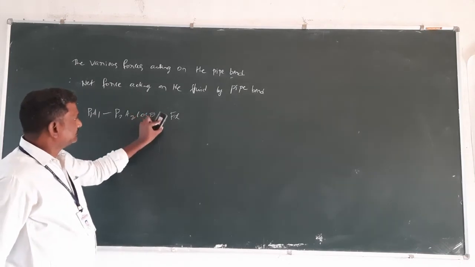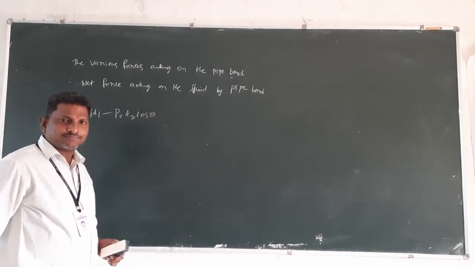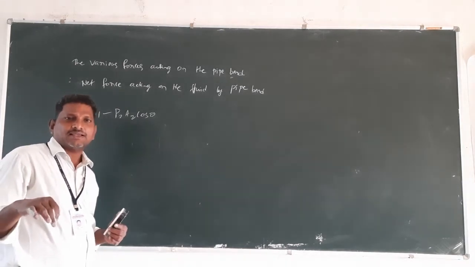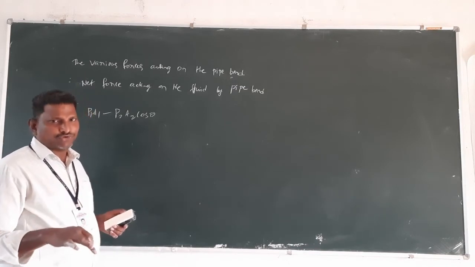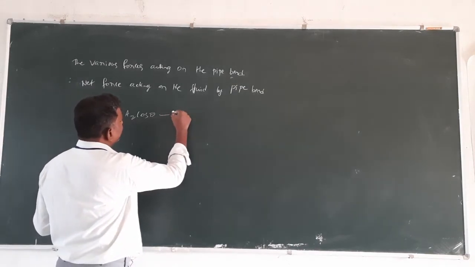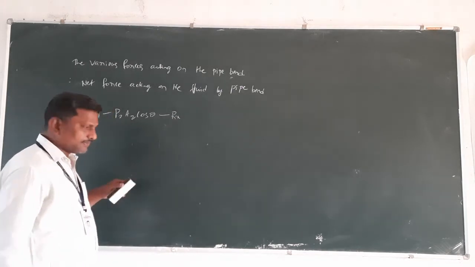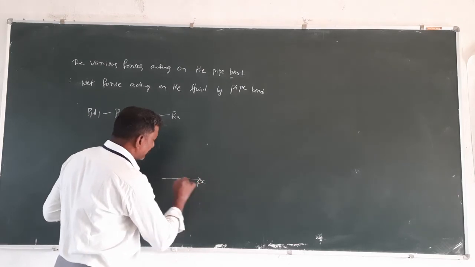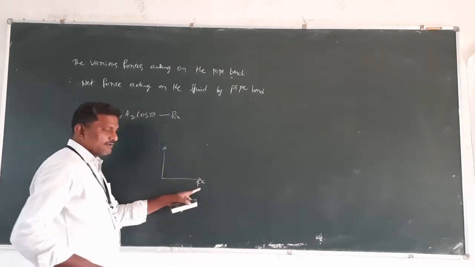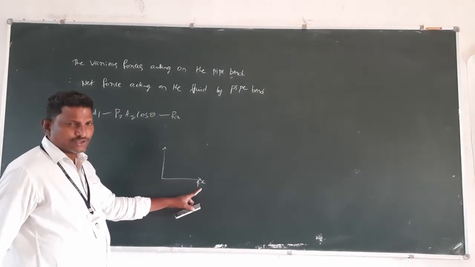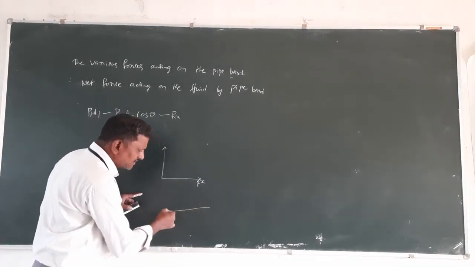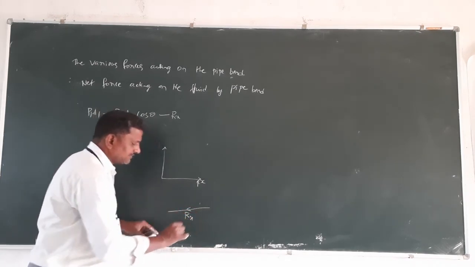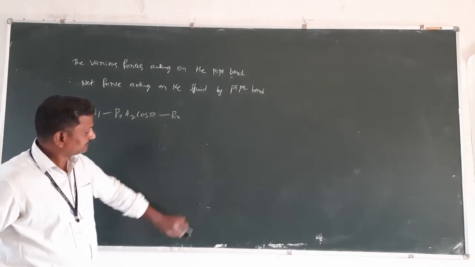But if you find derive an expression for the reaction offered by the pipe bend on the fluid, then put a minus. Why did this difference come? If the fluid is exerting the force on the pipe bend, then Fx will be positive. In the other case, the reaction is offered by the pipe bend, so it will be in the negative direction. This is the thing we have to understand.